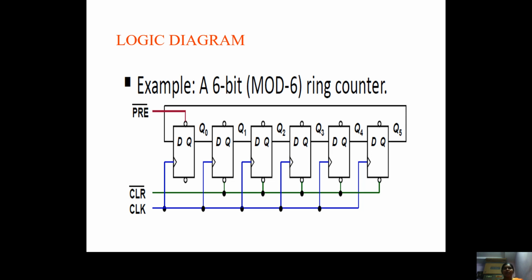The preset value is applied to the first flip-flop, since we apply an active high value only to the first flip-flop, and the remaining values are just shifted. At the sixth flip-flop, the output is fed back to the initial flip-flop, such that the shifting operation continues. Now let us see the working of this mod 6 ring counter.